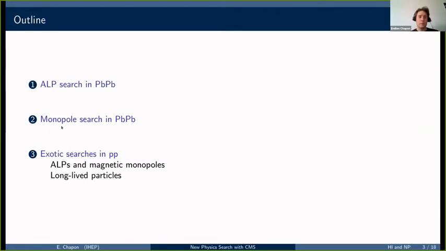Then one word about magnetic monopoles. We don't have a result yet in CMS, but I'm going to say a few words. Then I'm going to quickly review some of the results we have in pp, mostly on ALPs, and also a few words on long-lived particles.